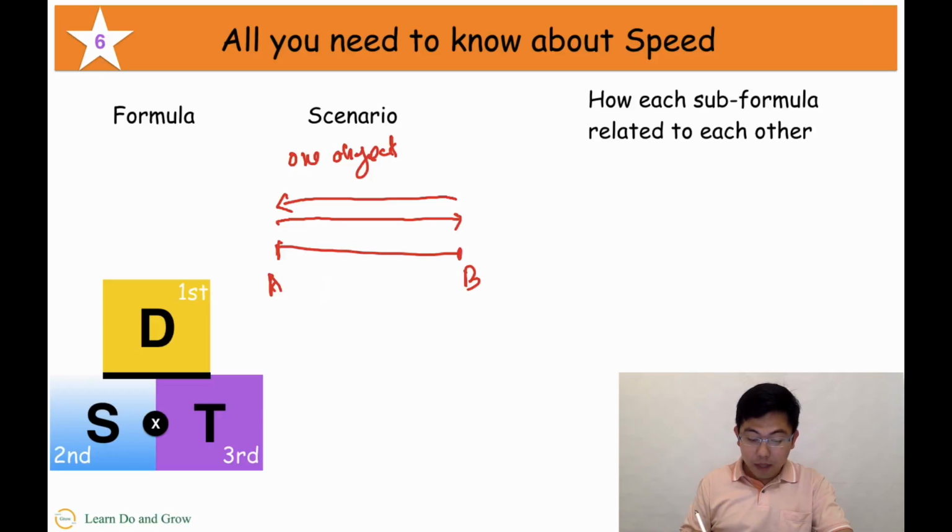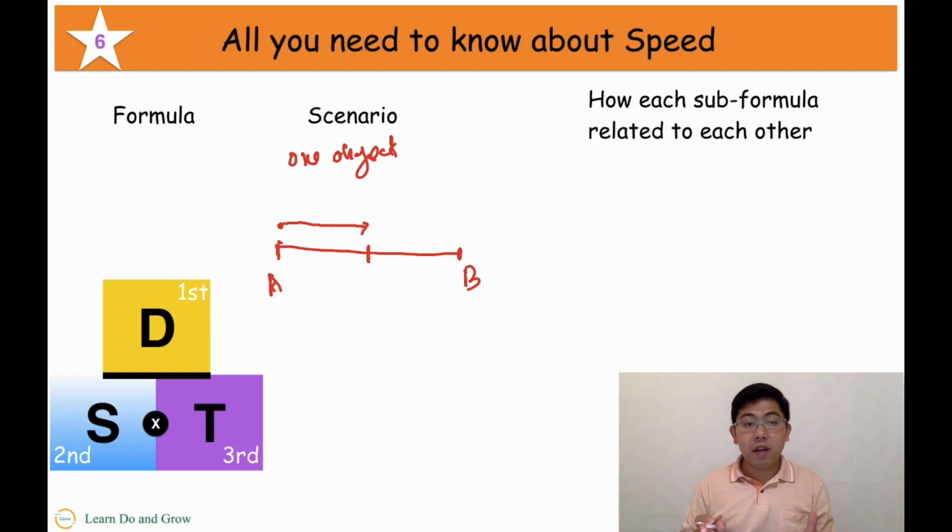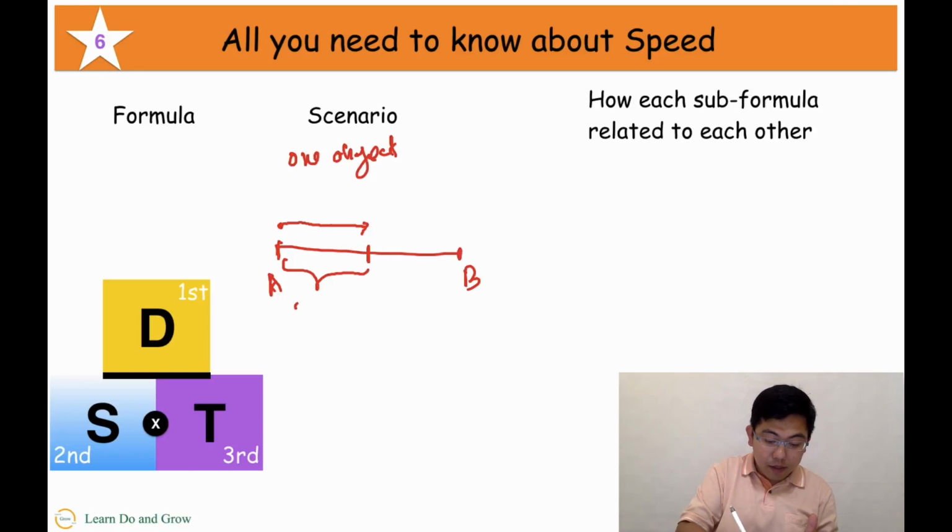Now I'm going to make this a bit more complicated. So now one object, but I start at this time and I stop over here. When there is a scenario like this, I can say that over here I consider as D1, maybe the first part of the journey.